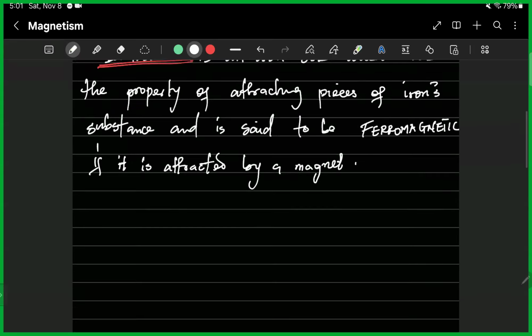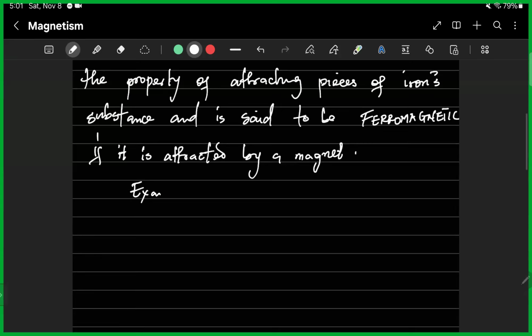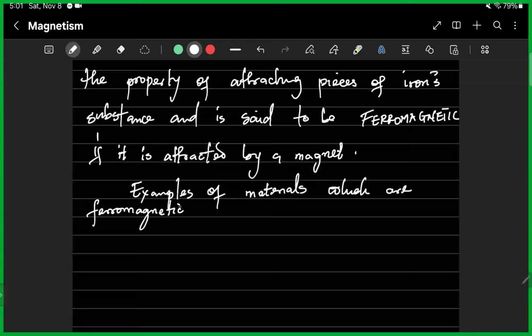Examples of materials which are ferromagnetic, that is, which can be attracted by a magnet.